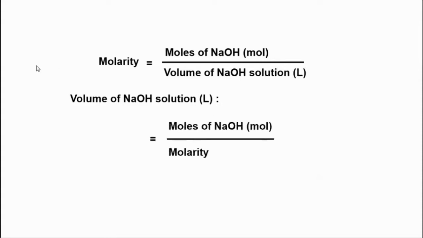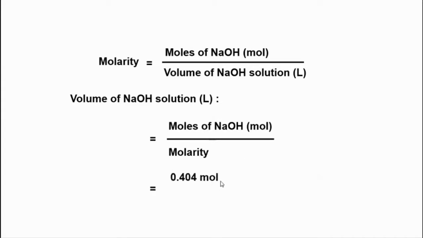So we just rearrange this equation. Since we want to determine the volume, the volume of sodium hydroxide solution in liters equals moles of sodium hydroxide divided by its molarity.